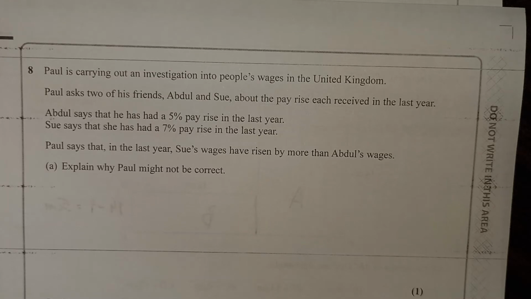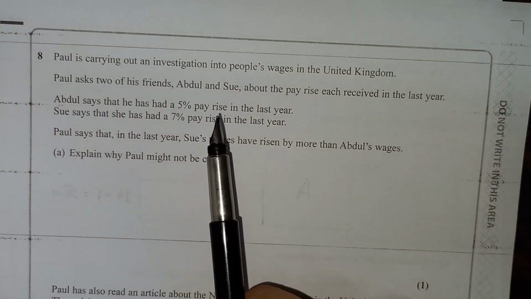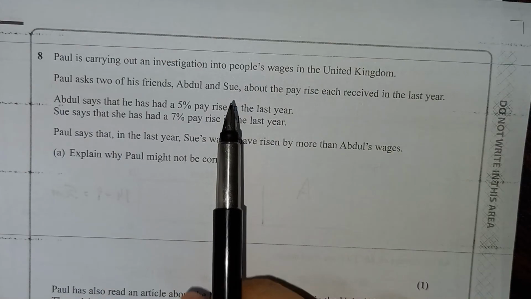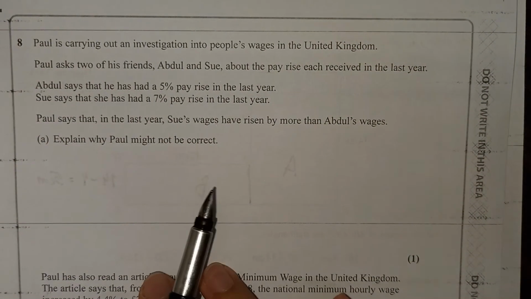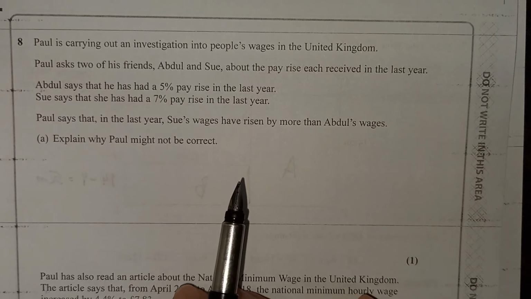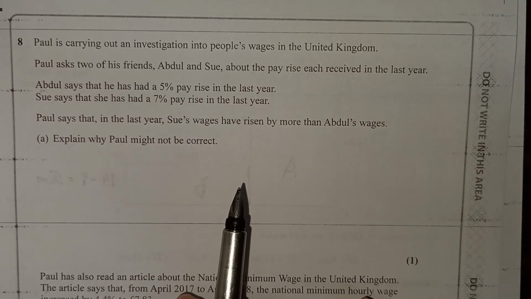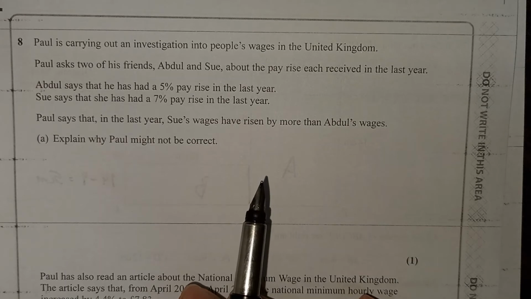Okay, so we have been provided with the percentage rise of both, but we haven't been specified about the real wage which has been increased. So for example, you have a wage of $100 and it is increased by 2%. So you will have an increase of plus $2.